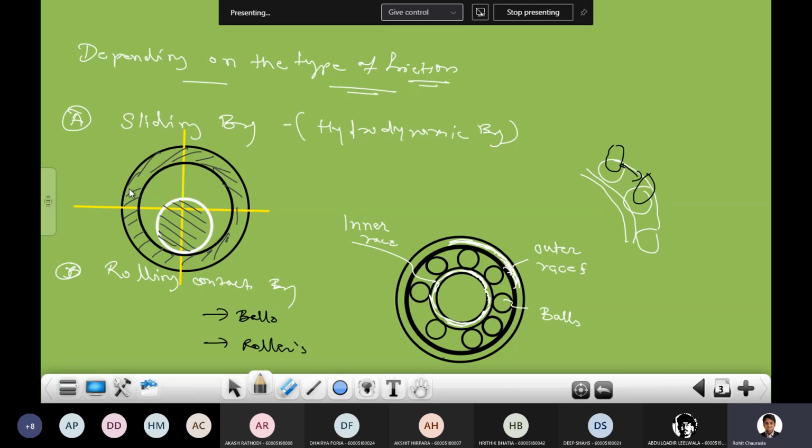When we are talking about this hydrodynamic bearing, sometimes we say sliding contact bearing, hydrodynamic bearing, or journal bearing. The important part is this component, which is nothing but the shaft, and this is the hole, like a normal housing, in which this shaft is going to be rotated. So basically this is my housing part.